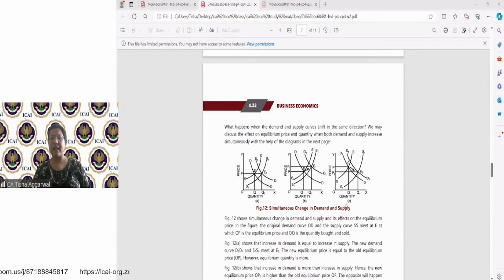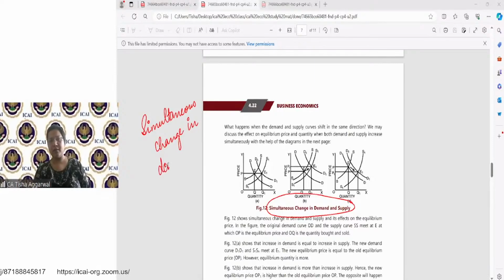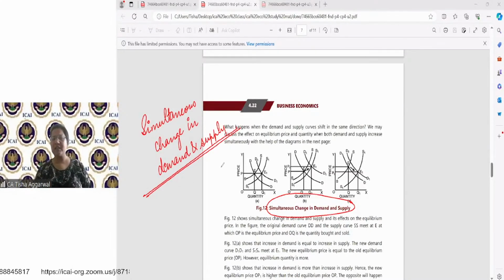If there is a simultaneous change in demand and supply, how does it go? Now let's have a clear look at this.